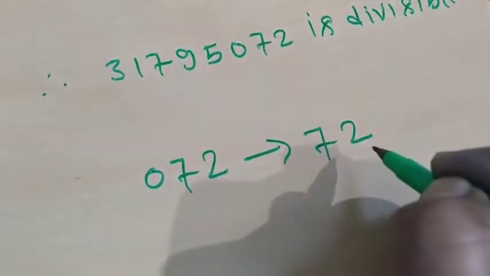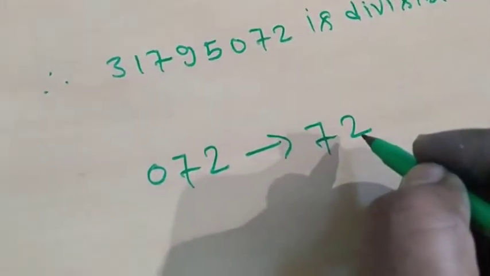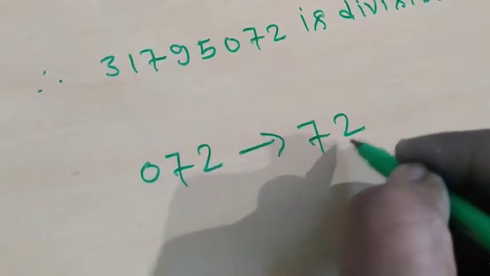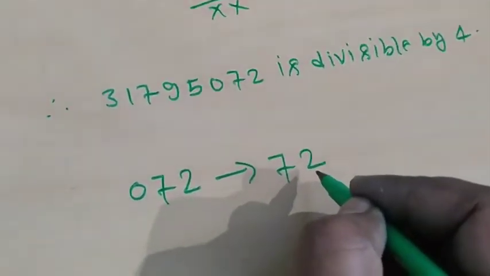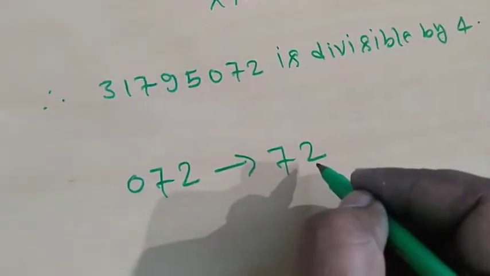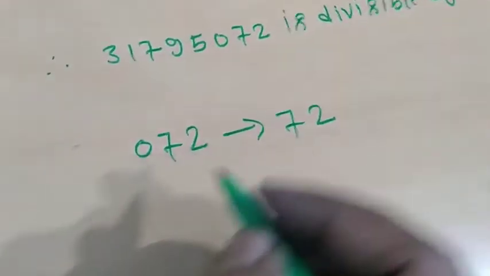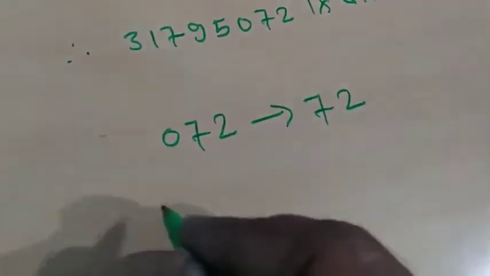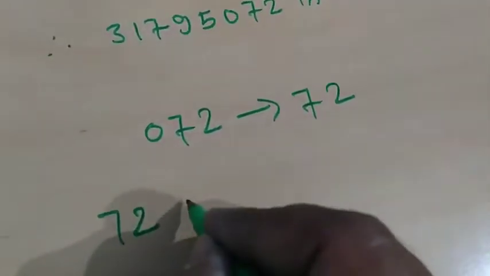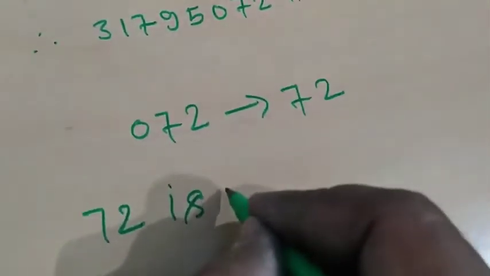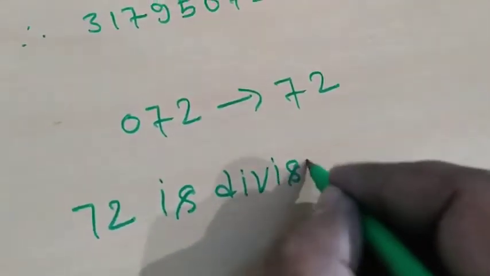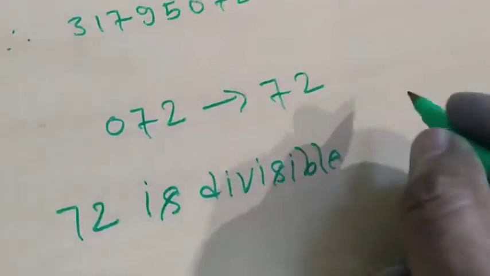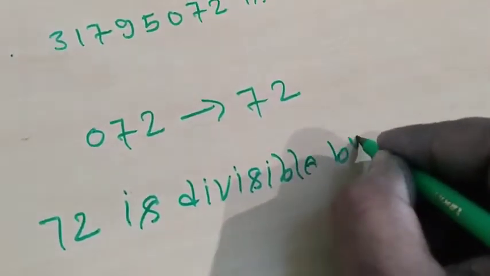Okay, so you know 72 is divisible by 8, 9 times. 8 nines are 72. So 72 is divisible by 8.